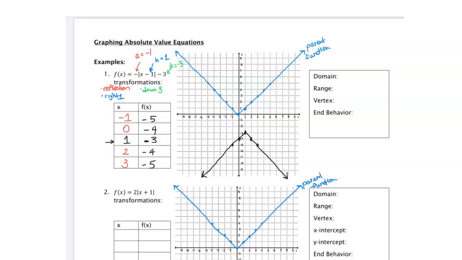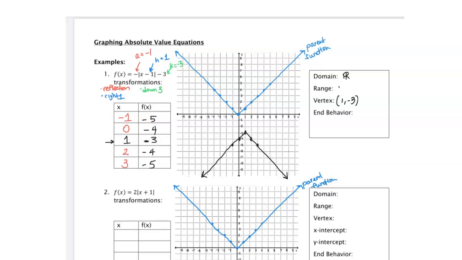Okay, when we're thinking about the domain, the range, the vertex, and the end behavior, well, we just identified the vertex. The vertex is 1, negative 3. The domain is all real numbers. Your range, well, we're going to have a highest y value here. This is the highest point of our graph, and all of the y values are either negative 3 or below.